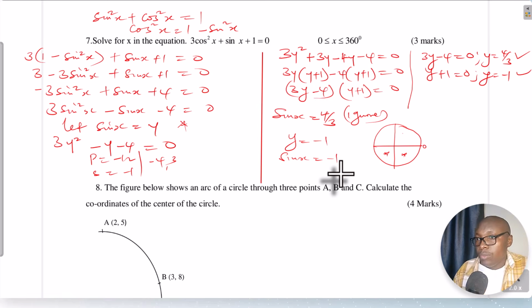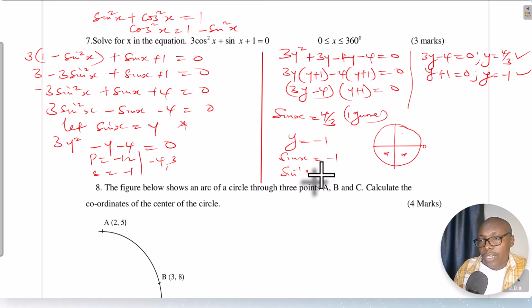You can test by getting the sine inverse of positive 1, but remember you are just using the negative sign to tell you in which quadrants you're going to get the angle. That is the meaning of that negative. It helps you identify in which quadrant sine is negative, and it is the third and the fourth.